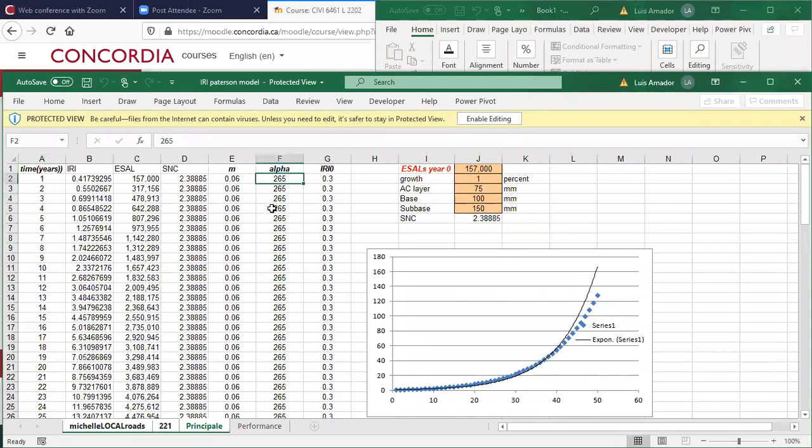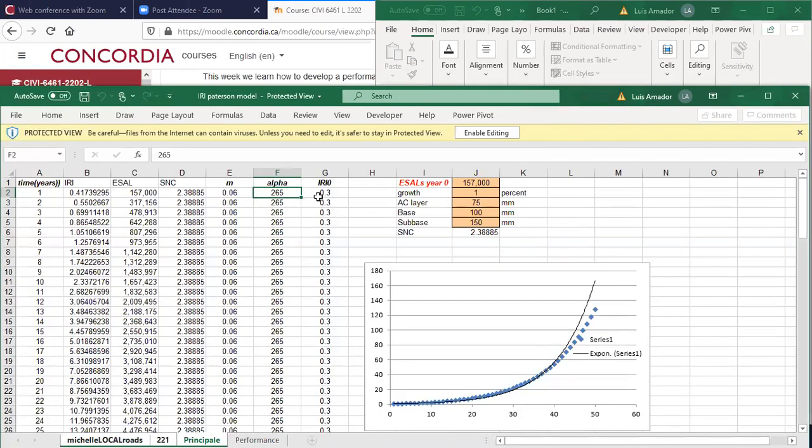See, alpha is 265, so my alpha is not that far off. And my M, what am I using for M? 0.07, I have 0.06, but this is a sketchy one. And the structural number coefficient is also right, so why is it not working? In the formula, are we making the structural number constant? No.